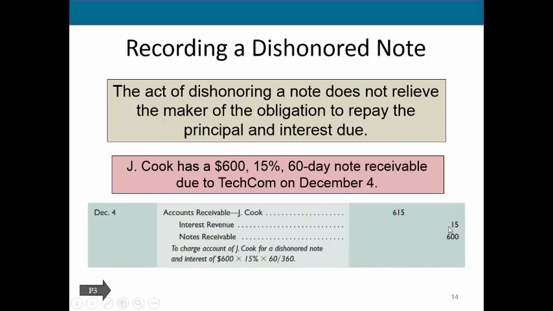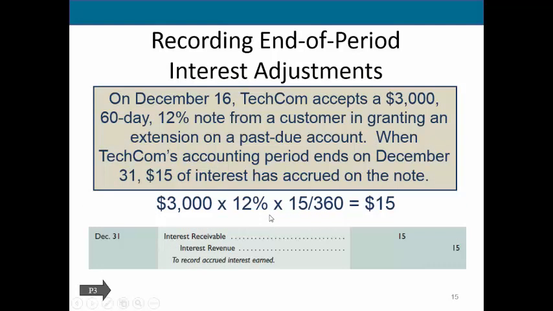It's irrelevant the fact that we haven't gotten paid that because we're surely going to continue following up with this person. So it's revenue. We earned it. Whether or not we get it, we'll book that with an expense when the time comes. And then we need to show here that it's no longer a note receivable because this 60 days has passed. So we're going to make this an account receivable, and we're going to continue following up with this person to hopefully get our money back.